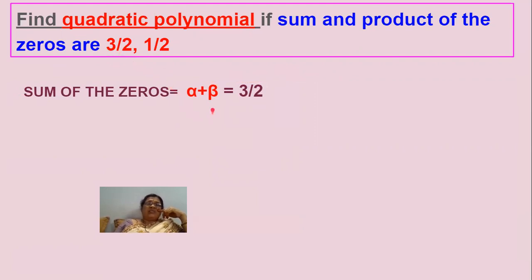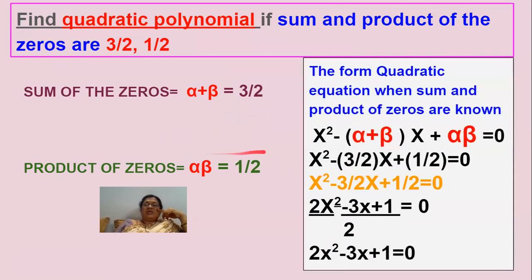The sum alpha plus beta is 3 by 2, and the product alpha beta is 1 by 2. You know the formula. When the sum and product are given, you just simply substitute. In place of alpha plus beta, you can write 3 by 2, and in place of alpha beta, you can write 1 by 2, like this.